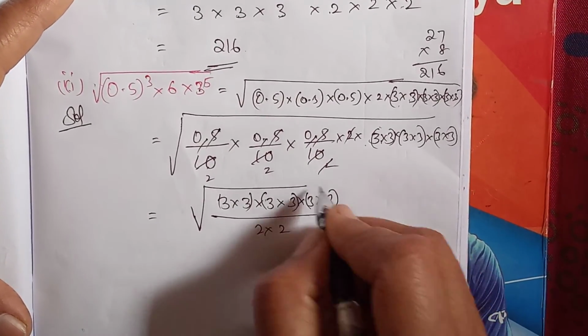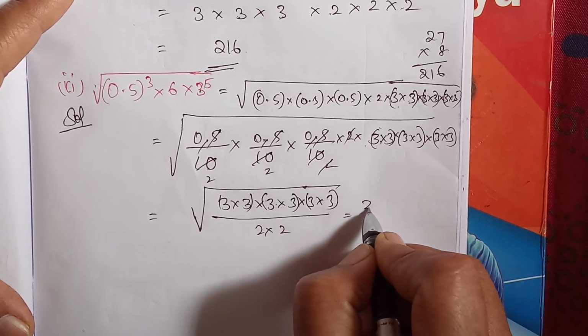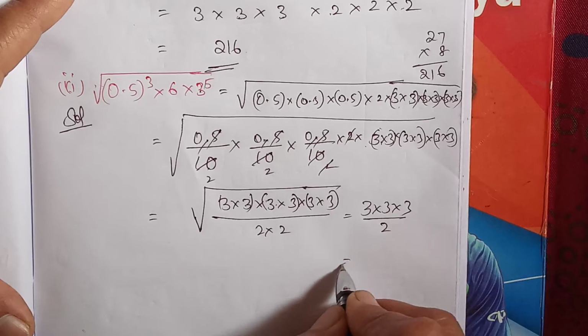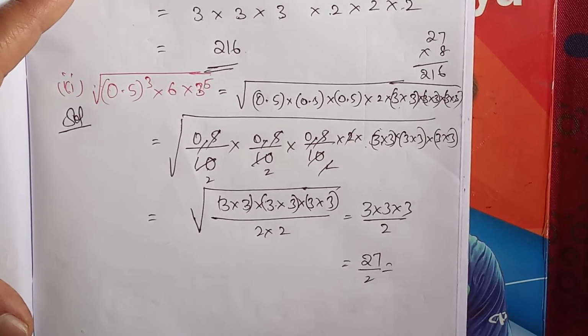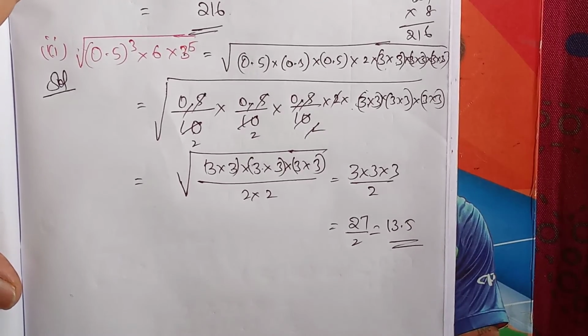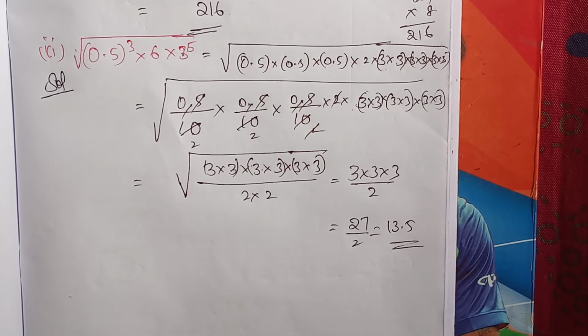Okay, now I can pick out 1 2 3, 27. 3 into 3 into 3 by 2. Answer is how much? 27 by 2. You can divide and write, or you can write 27 by 2 as it is. Okay, children?